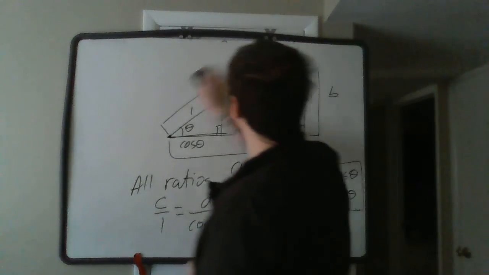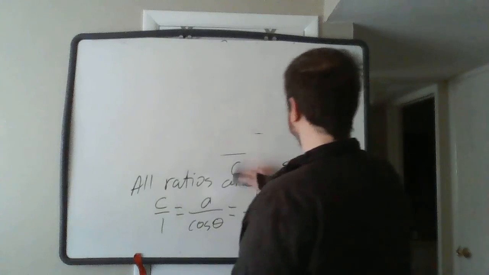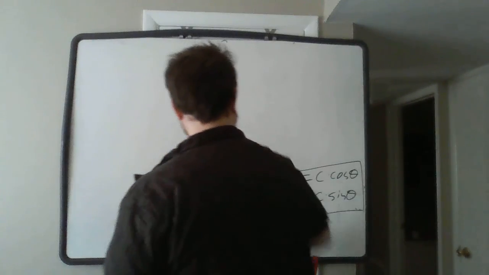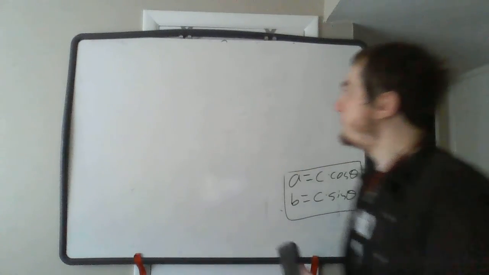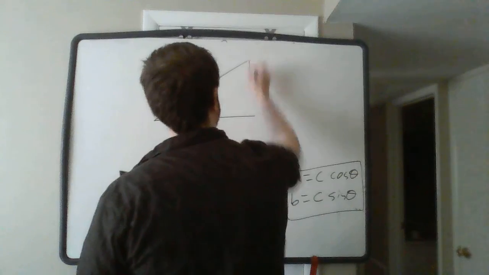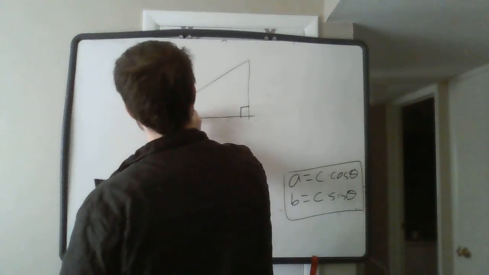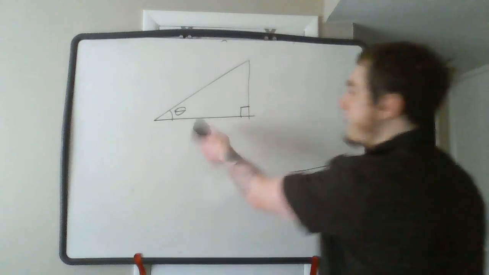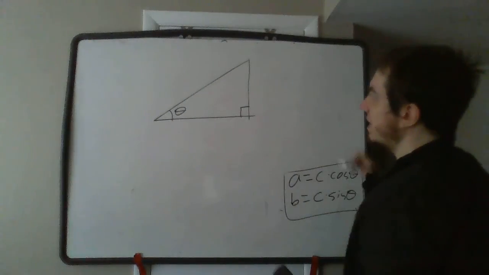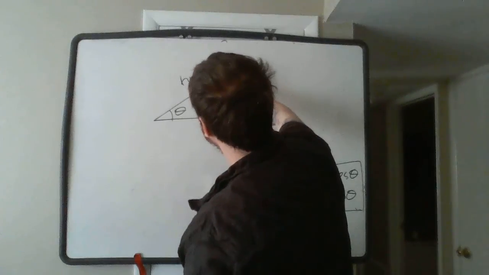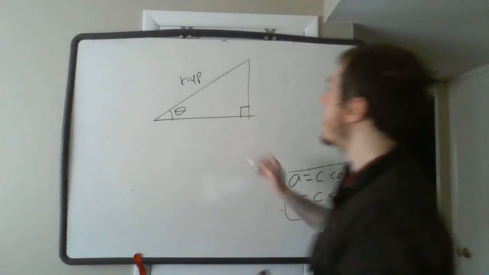There's a nice way of remembering what is going on here for any right triangle. So here's what we can do. Instead of labeling a right triangle with A, B, and C, we have some angle theta in our right triangle here. I'm just going to call this the hypotenuse along here.